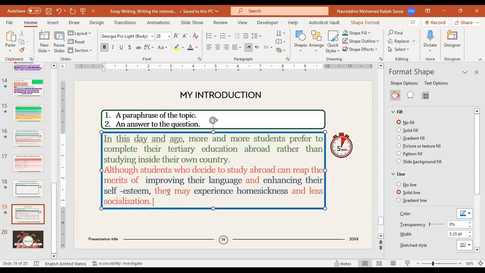When we write the body paragraphs, we're going to write two paragraphs, one about the advantages, which are improving your language and enhancing your self-esteem. We can come up with a topic sentence like this one: people who decide to study abroad can improve their language and enhance their self-esteem.